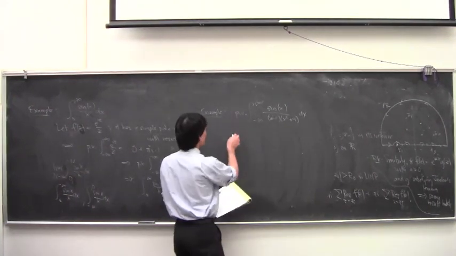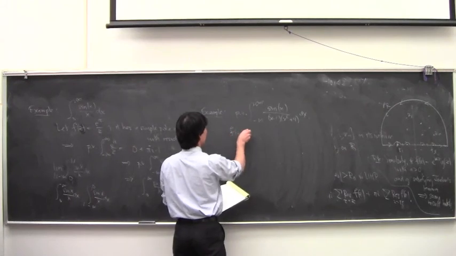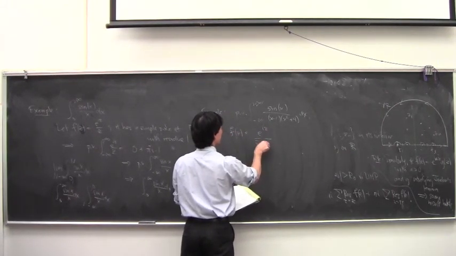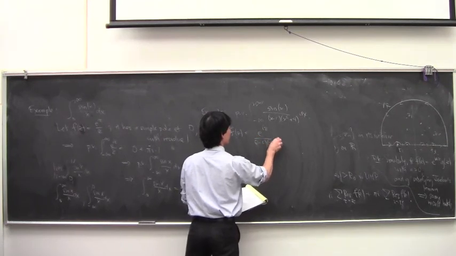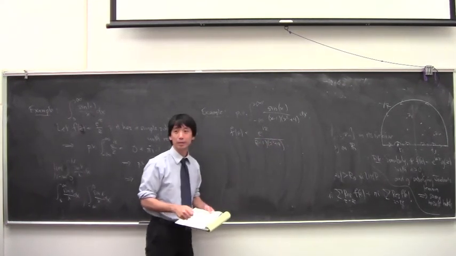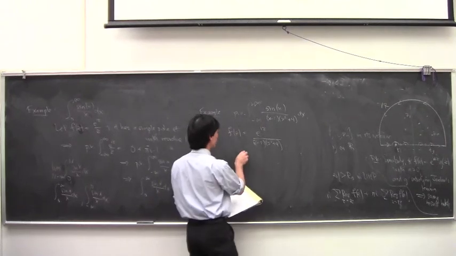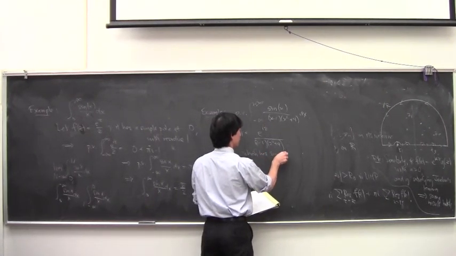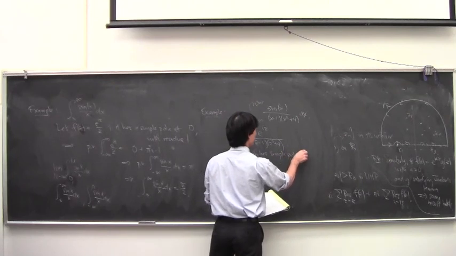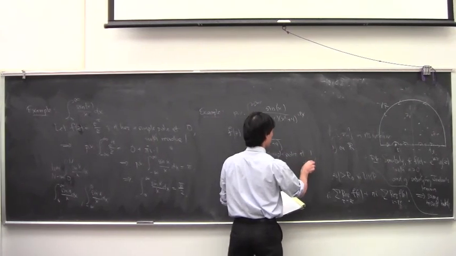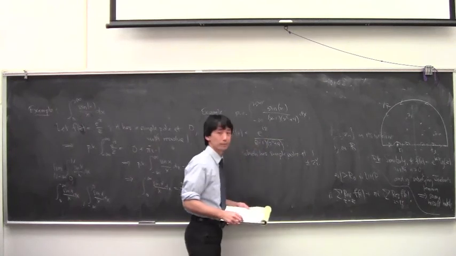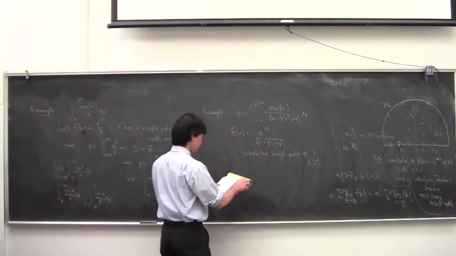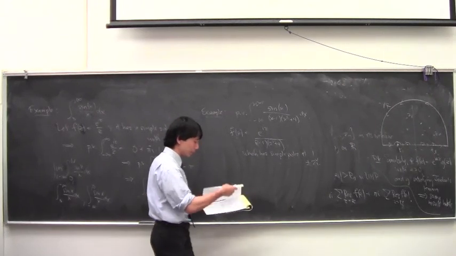So you say, okay, I'm going to take my f to be e to the iz over (z minus 1)(z squared plus 4), right? Which has simple poles at 1 and plus or minus 2i. Right, and that's basically it. You just apply the theorem.